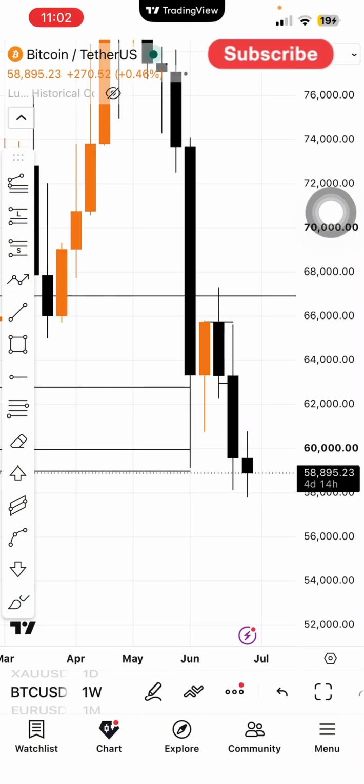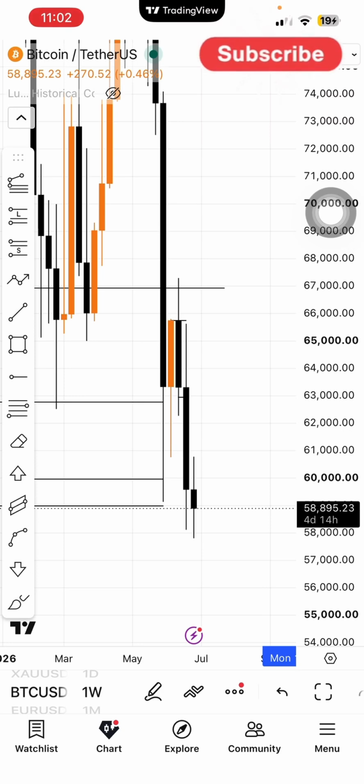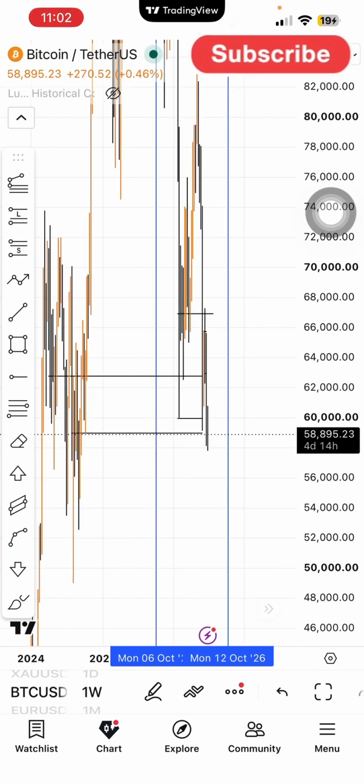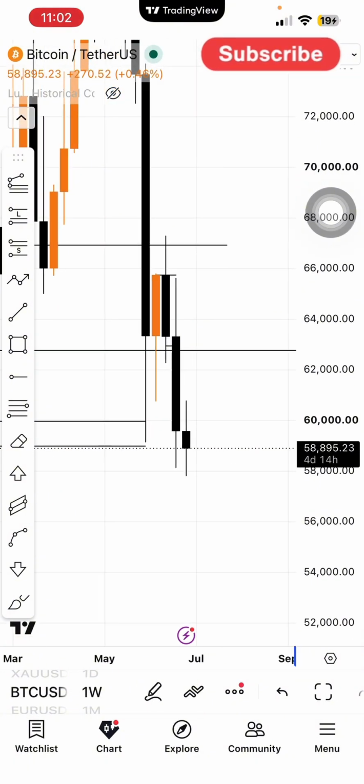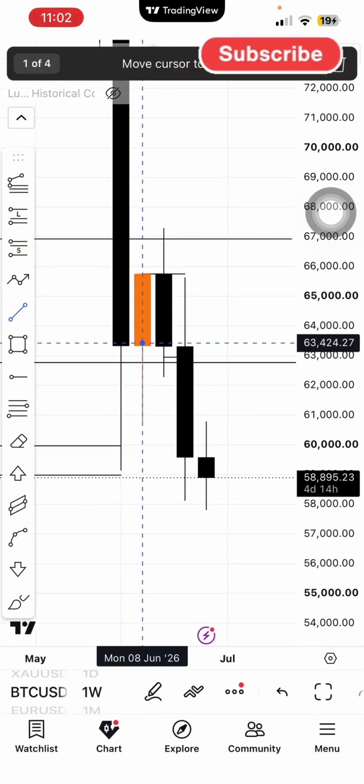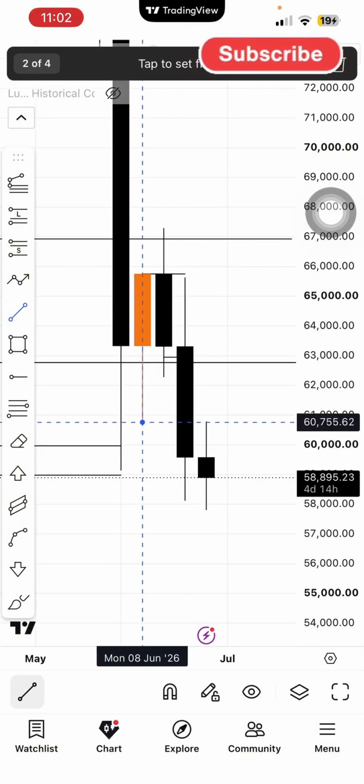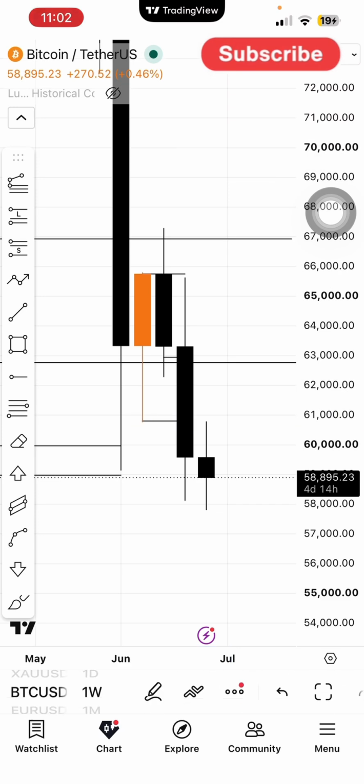So I'll go straight to the 1 week time frame. This is the zone. Let me take it out. Okay, we can see that our candle range has been completed from this zone.